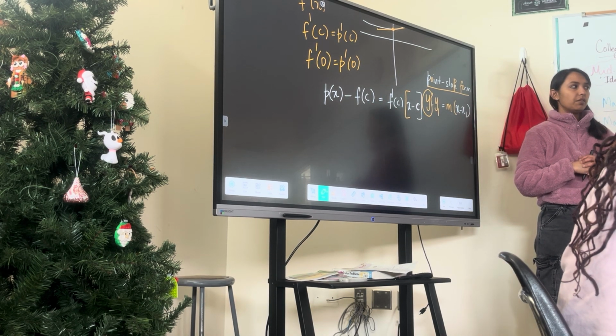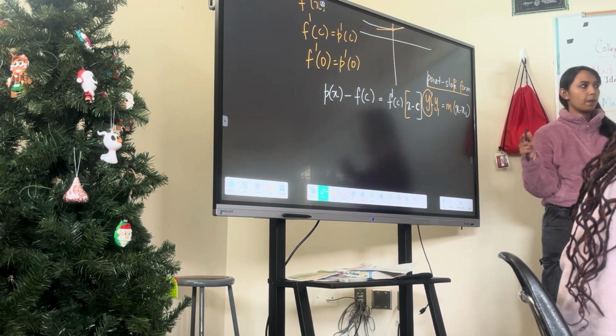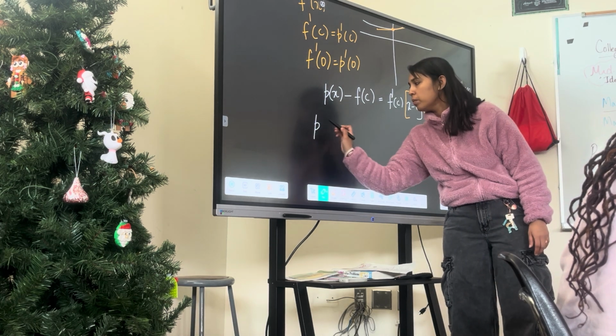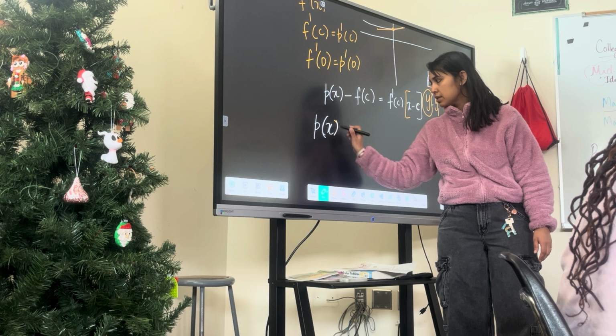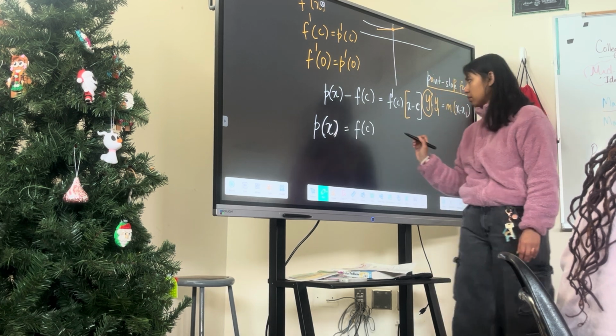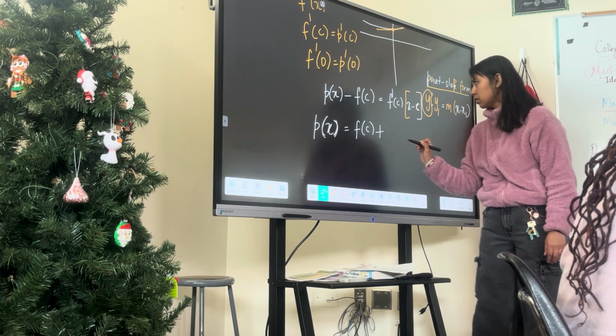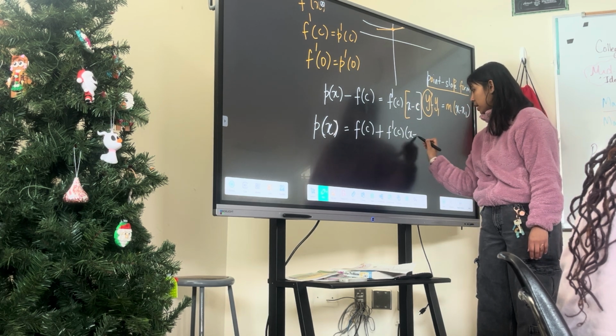How do I rewrite p of x? Or isolate p of x? Add f of c. Okay, so our polynomial of a function or a series is going to be f of c plus f prime of c times x minus c.